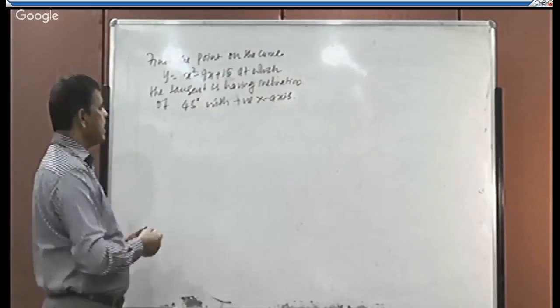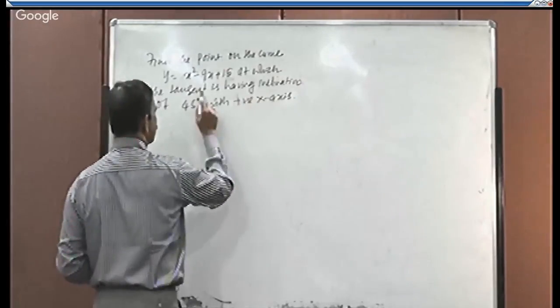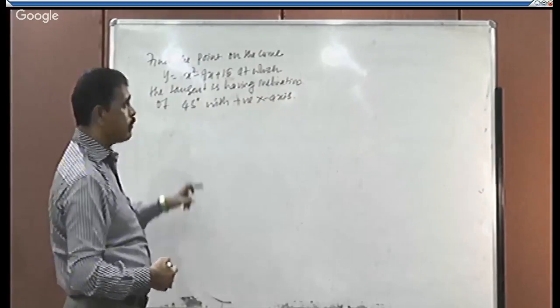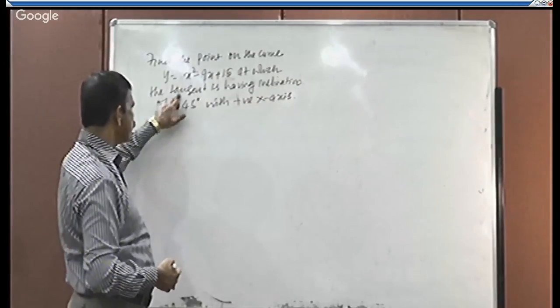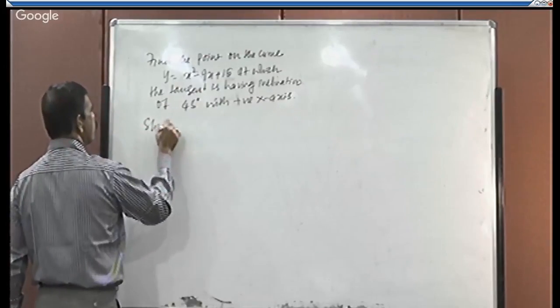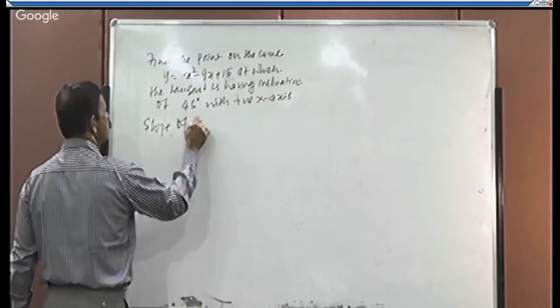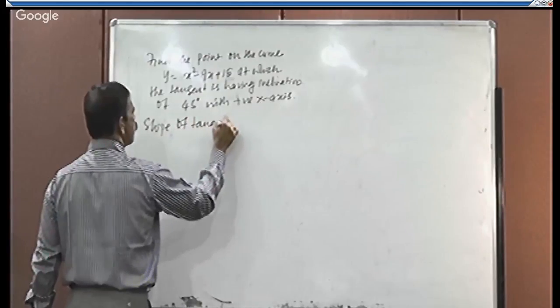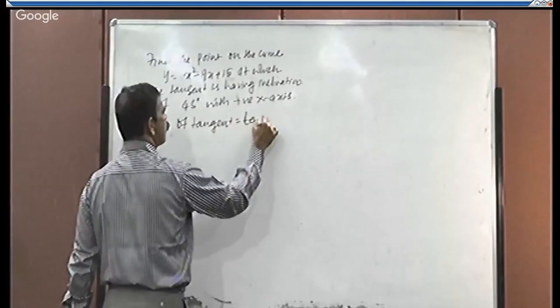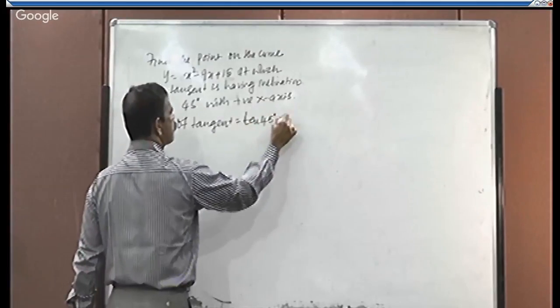They have given the inclination of the tangent, theta. With that we can find the slope of the tangent. Slope of tangent is tan theta, tan 45, which is equal to 1.